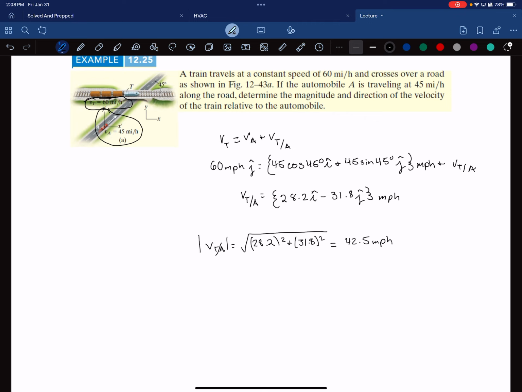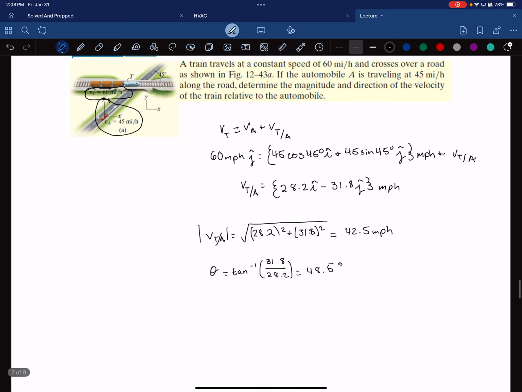And our angle is going to equal 48.5 degrees.